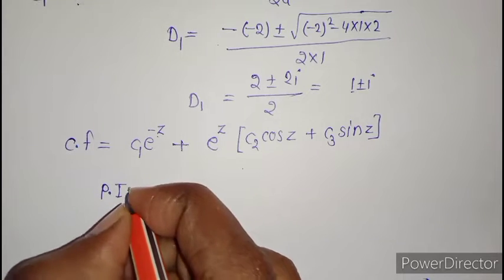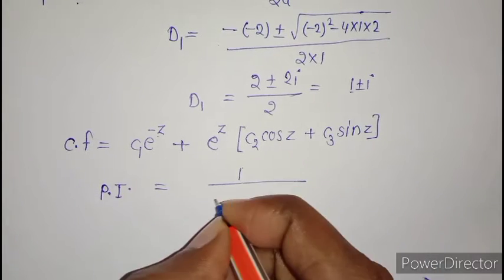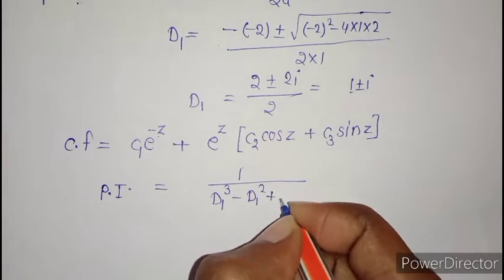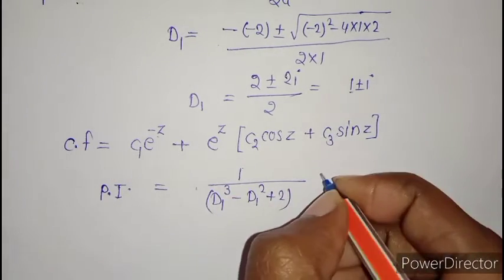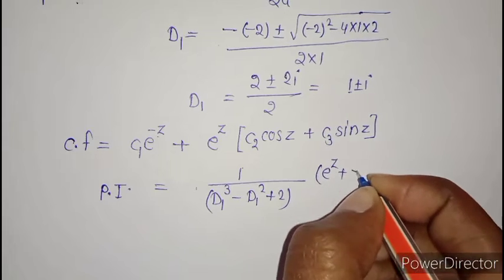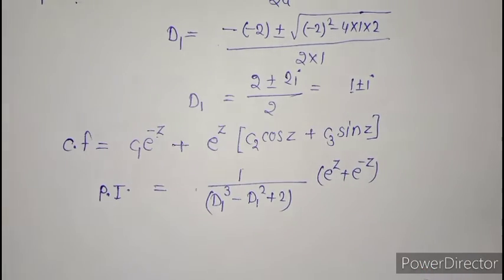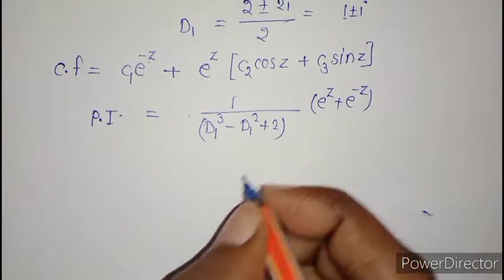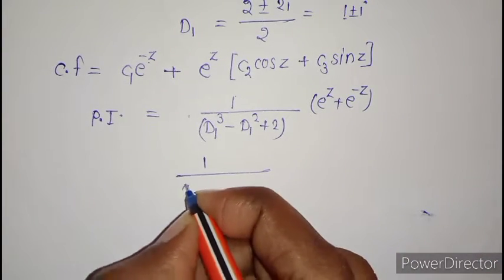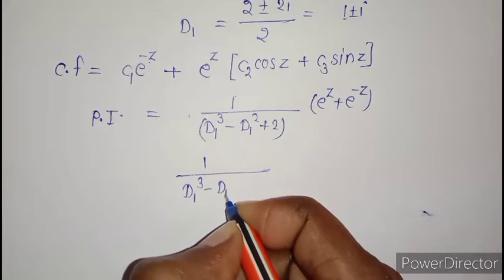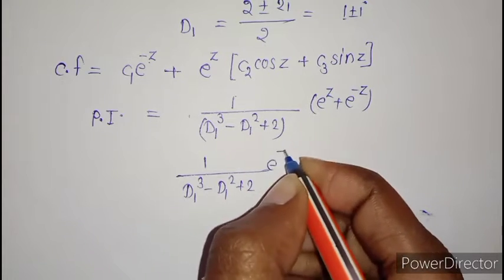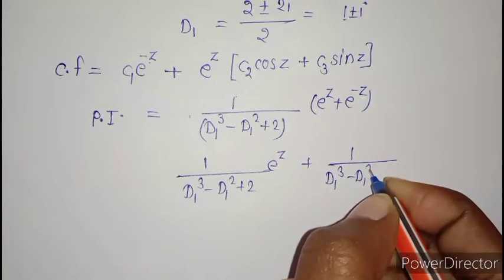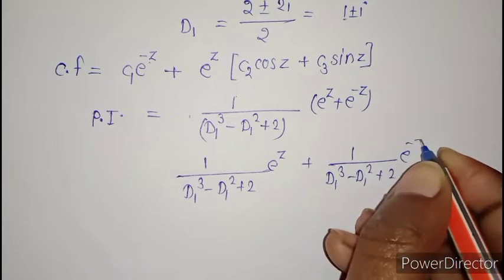So our PI is equal to 1 by D1 cube minus D1 square plus 2 applied over the function e raised to power z plus e raised to power minus z. Now we will separate it. After separating, it becomes 1 by D1 cube minus D1 square plus 2 e raised to power z, plus 1 by D1 cube minus D1 square plus 2 e raised to power minus z.